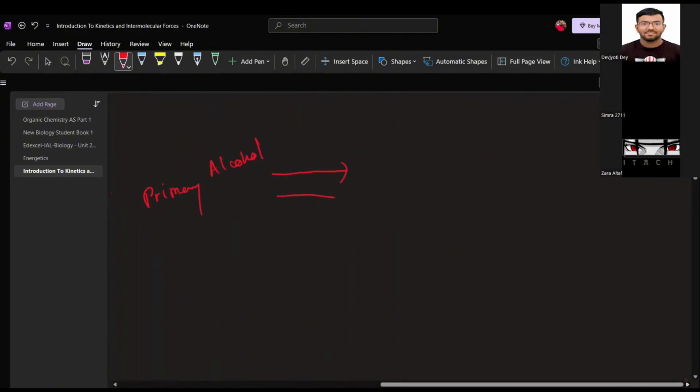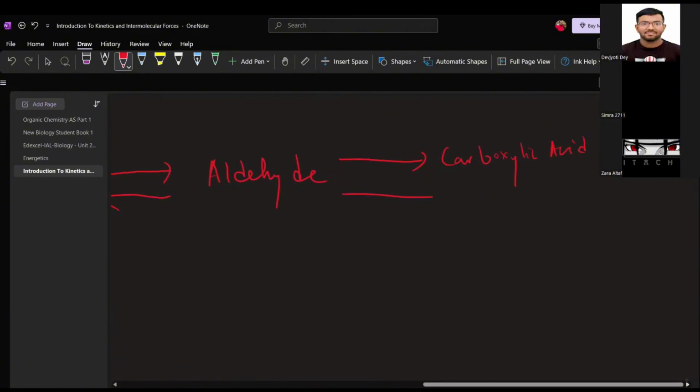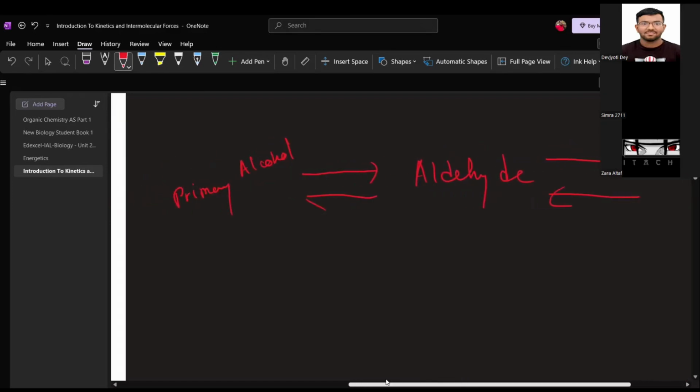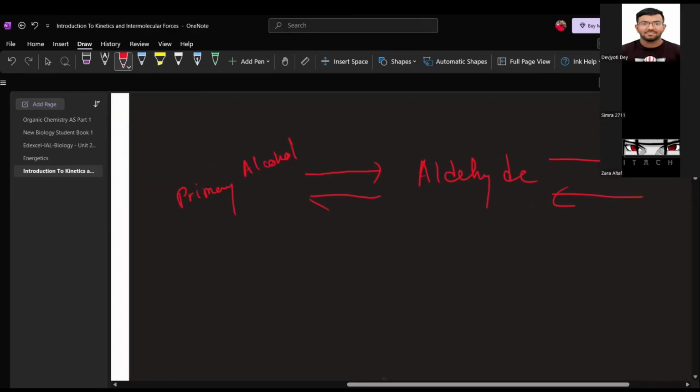When a primary alcohol is oxidized, we produce an aldehyde. If we further oxidize the aldehyde, we get carboxylic acid. If you reduce carboxylic acid, we get aldehyde, and if you reduce aldehyde again, we get primary alcohol. Primary alcohol is first degree alcohol, right?